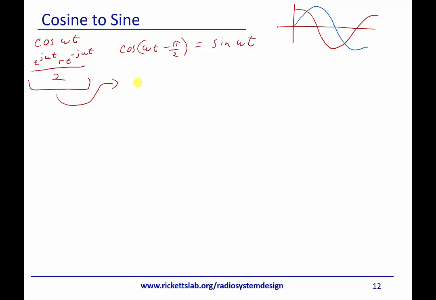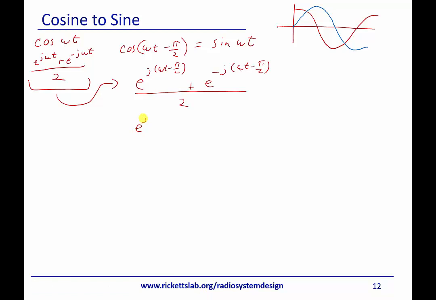So let's take e to the j (omega t minus pi over 2) plus e to the minus j (omega t minus pi over 2), over 2. All right, now let's just multiply that out.